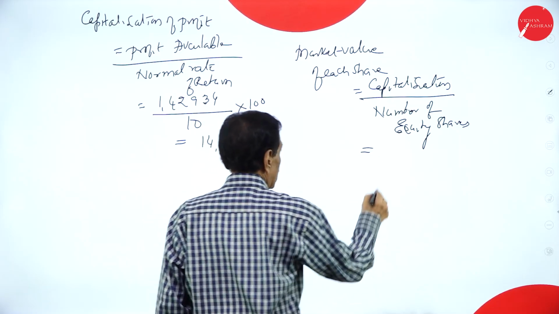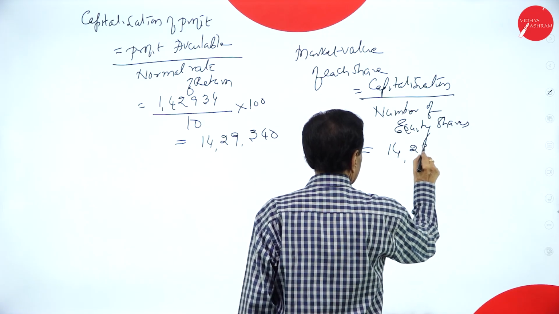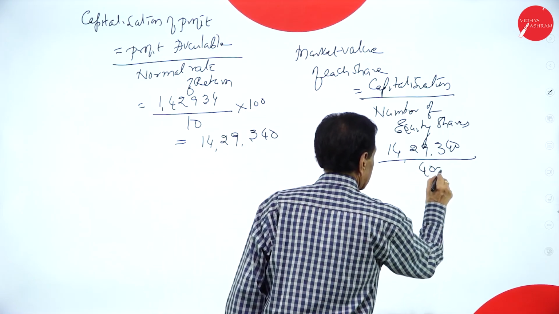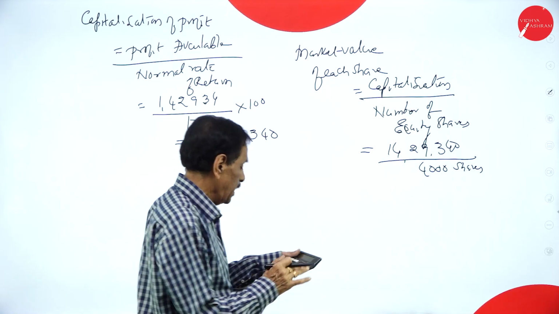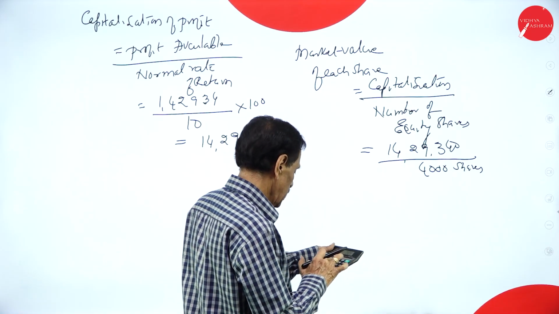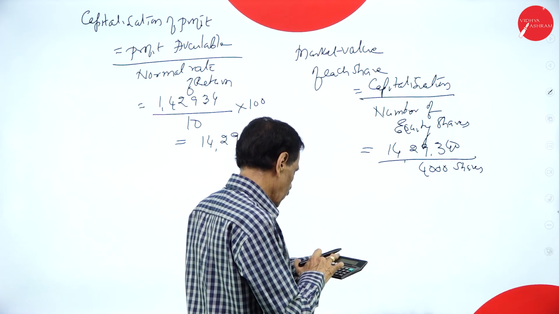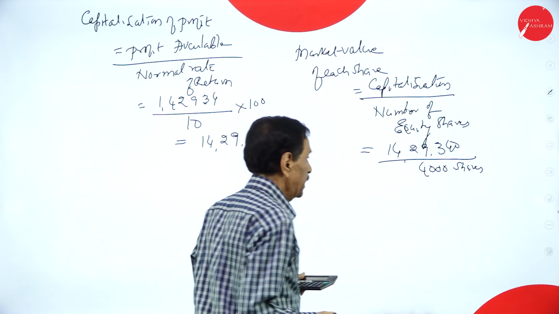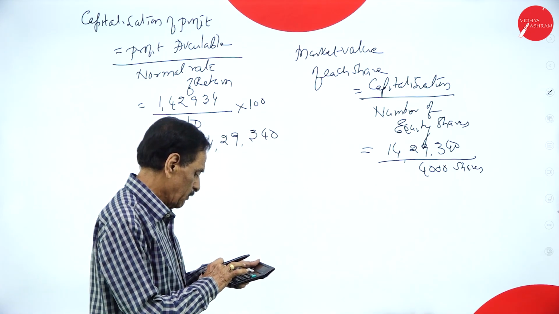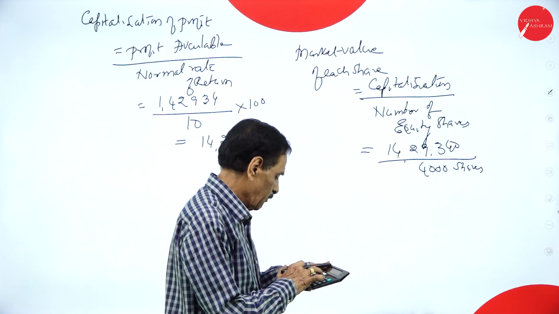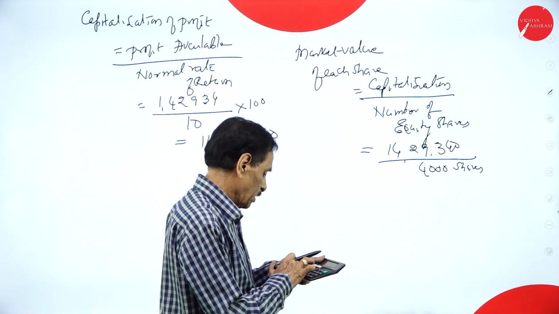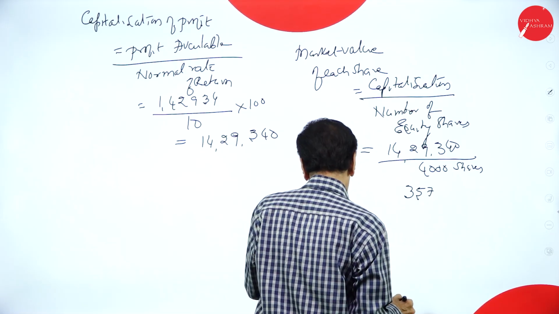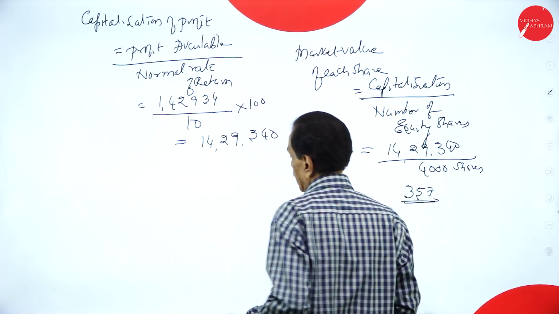What is capitalization? 14,29,340 divided by 4,000 shares is equal to 357.33. We can say 357.